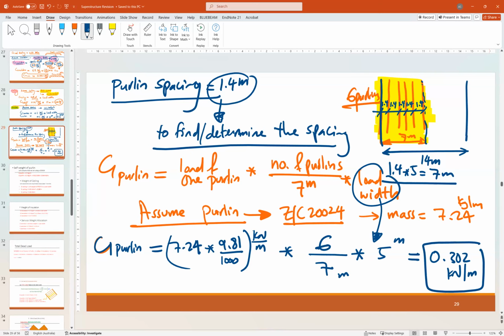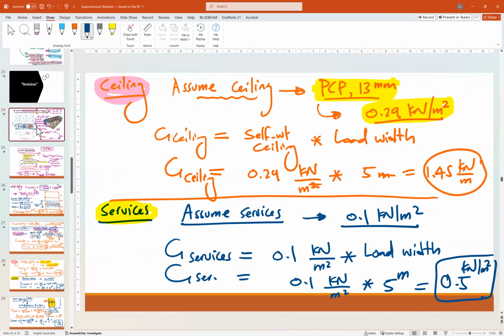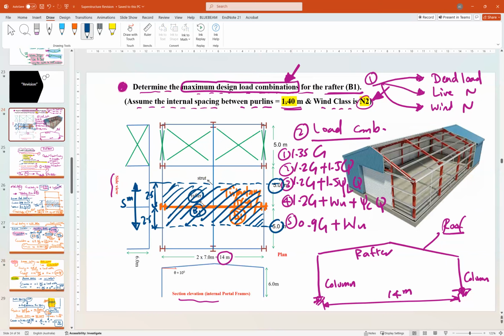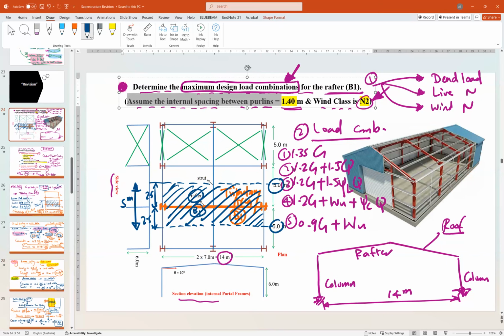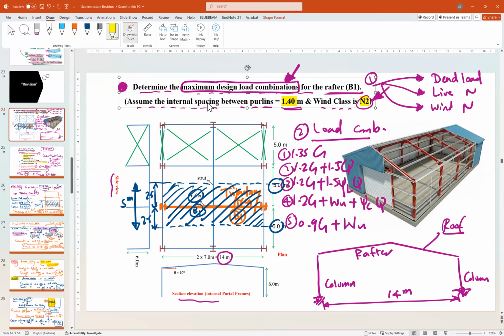Okay, how do we get the number of purlins? Because it is given to us here. We have the purlin spacing, or we assume the purlin spacing as 1.4.